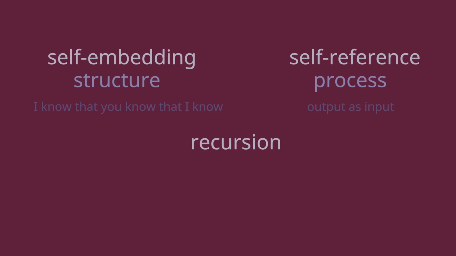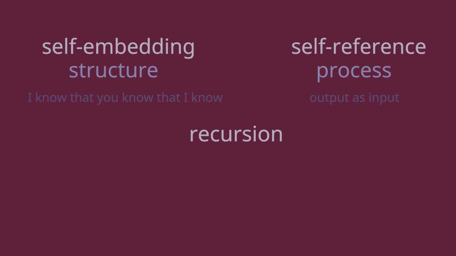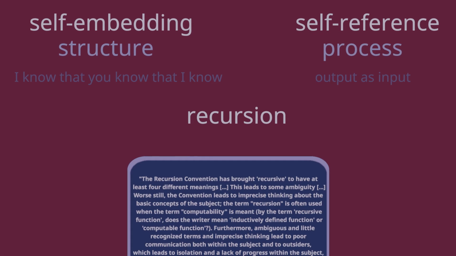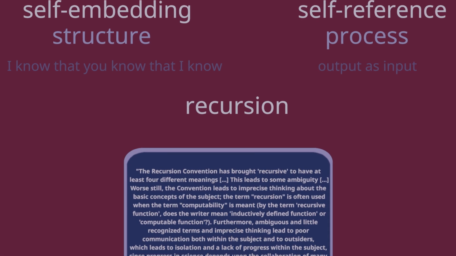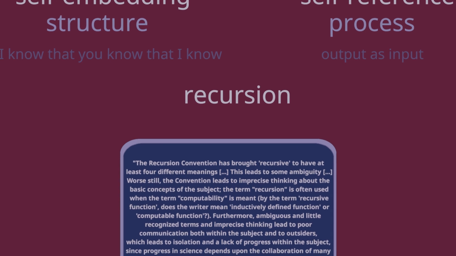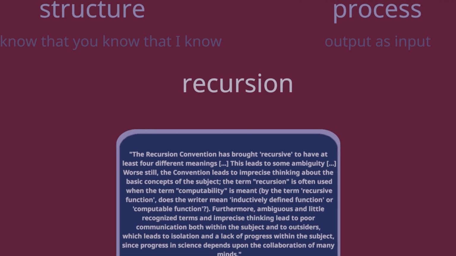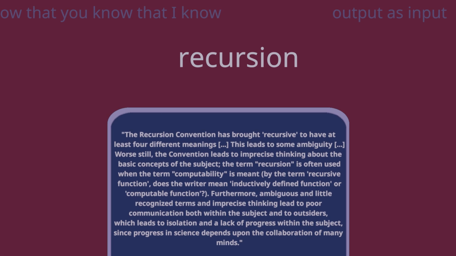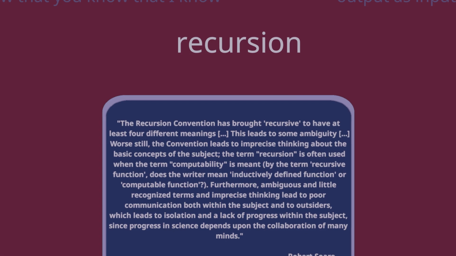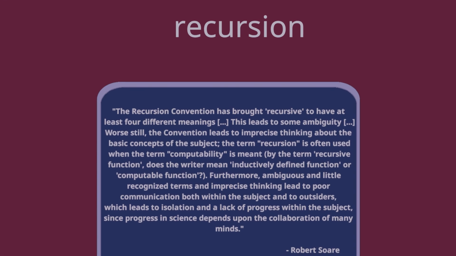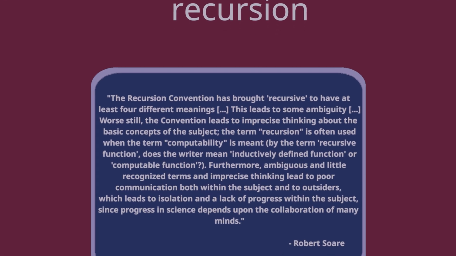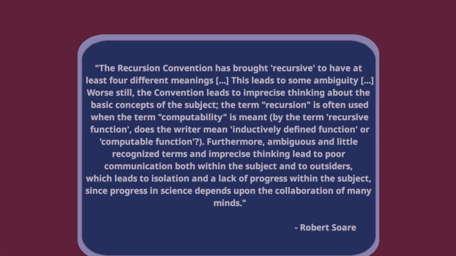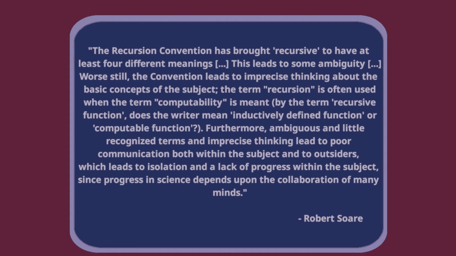In 1996, mathematician Robert Soare wrote, quote, "The recursion convention has brought recursive to have at least 4 different meanings. This leads to some ambiguity. Worse still, the convention leads to imprecise thinking about the basic concepts of the subject. The term recursion is often used when the term computability is meant. By the term recursive function, does the writer mean inductively defined function or computable function?